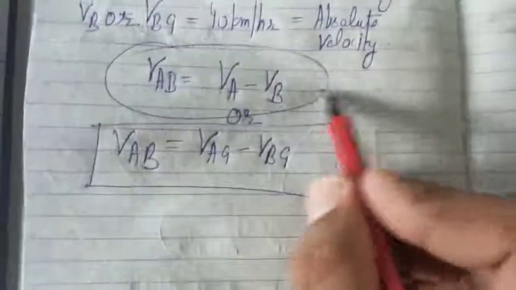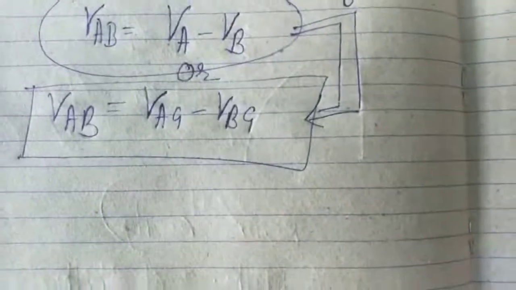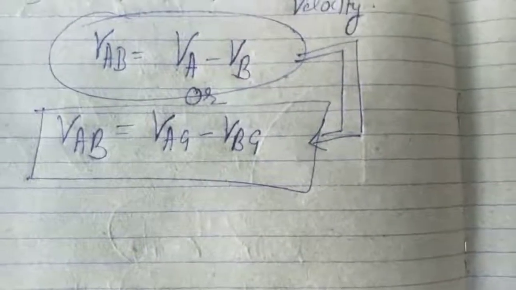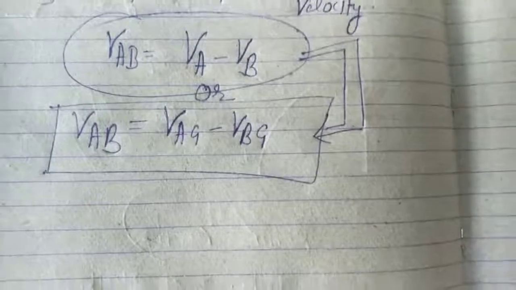In other words, from another perspective, relative velocity is the velocity of one moving object with respect to another moving object.